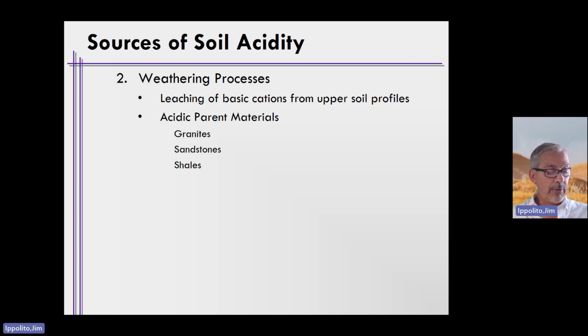Okay. But the general theme is this: soils become more acidic due to leaching of basic cations from the upper soil profiles. So where do you see acidic soils in the United States? You see them basically east of the Mississippi, and you typically find alkaline soils west of the Mississippi. And that's a huge generalization, but it's a good rule of thumb.